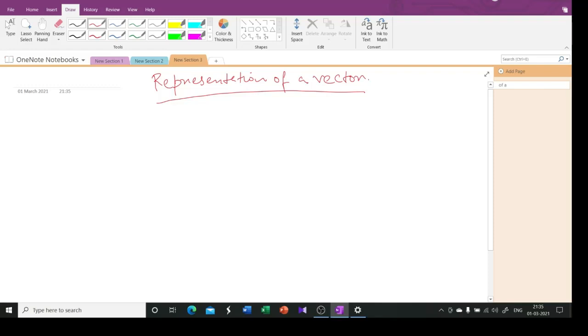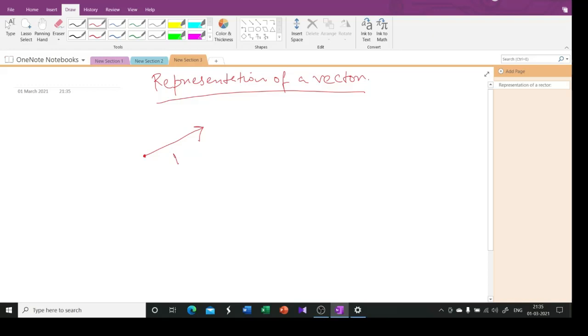Okay, so what we do to represent a vector is we just draw a ray. This is called the tail of the vector, and this is called the head of the vector.